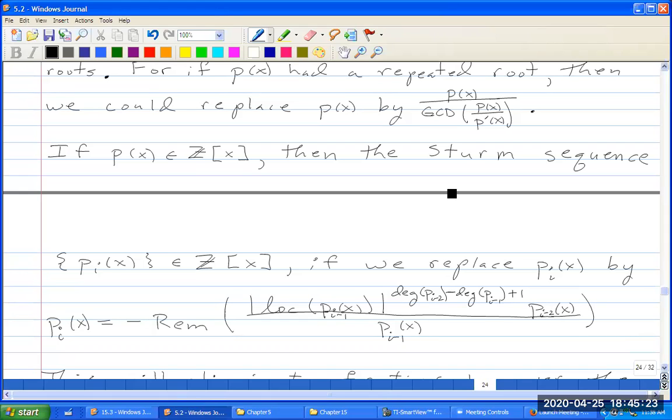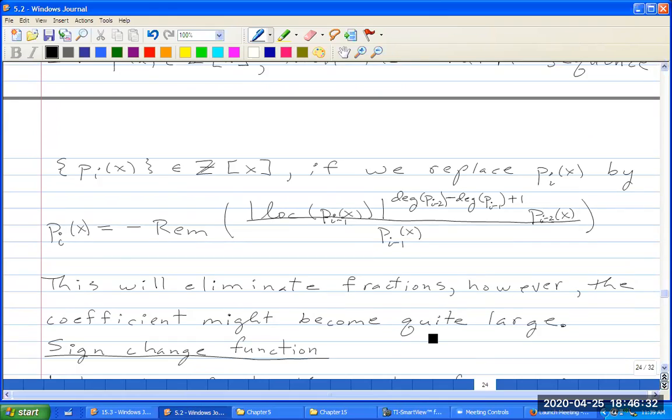Next, if p of x has integer coefficients, then the Sturm sequence p sub i of x can be made to be polynomials with integer coefficients if we replace p sub i of x by the following: negative remainder of the absolute value of the leading order coefficient of p sub i minus 1 of x to the power degree of p sub i minus 2 minus the degree of p sub i minus 1 plus 1, all times p sub i minus 2 of x divided by p sub i minus 1 of x.